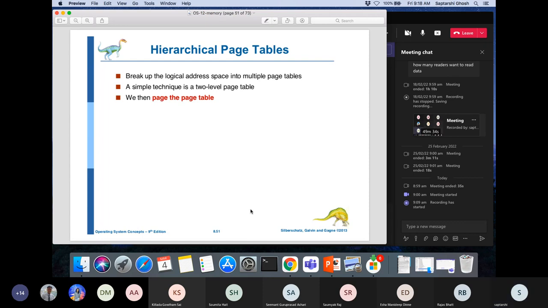Essentially, this is called paging the page table. The term used is POPT, pages of page tables. Remember, the page table is also stored in memory, and it will also be divided into pages, just like other data.